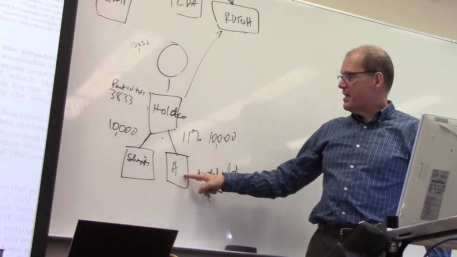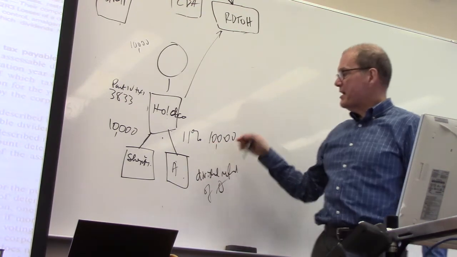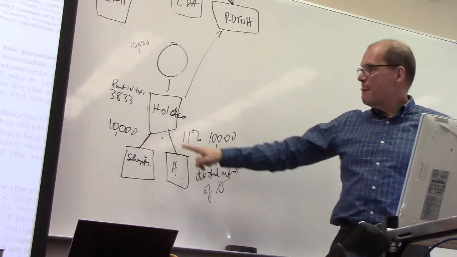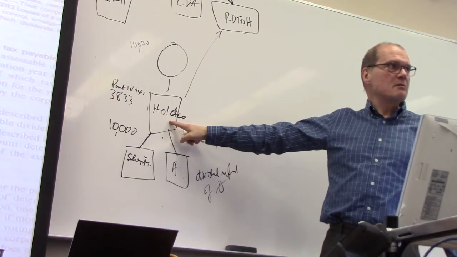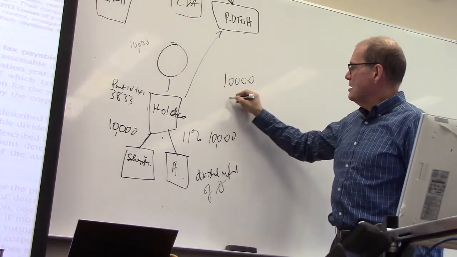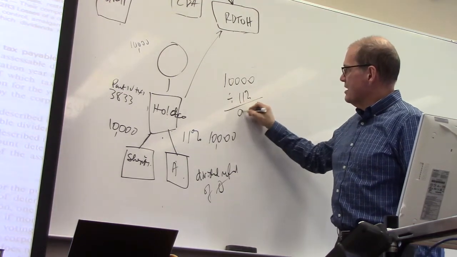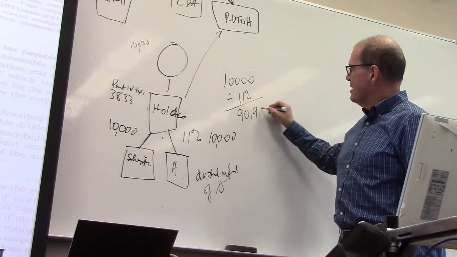This company paid a $10,000 dividend. Actually, what it paid was... Holdco's share is 11%. So the total dividend paid is $10,000 divided by 11%, which is $90,909.